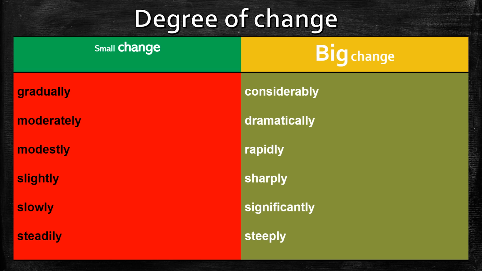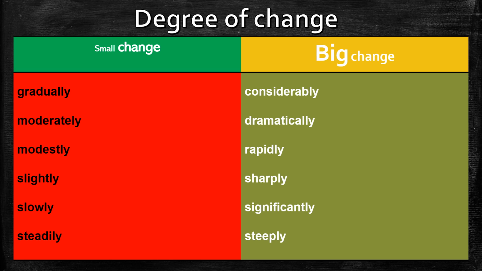If the difference is very small, for example, if you are writing about the sale of mobile phones, and the sale in January or in 2010 was only 200, and it went up in February to 250, how much is the change? From 200 to 250, the change is very minimal, like 50. So when the change is very small, you use these words: gradually, moderately, modestly, slightly, slowly, and steadily.